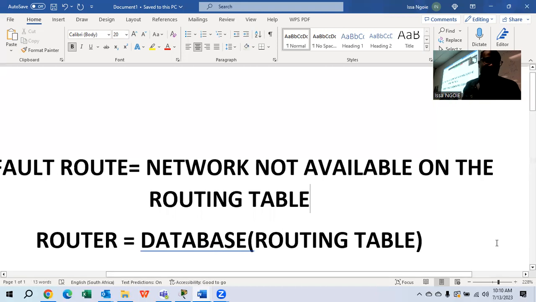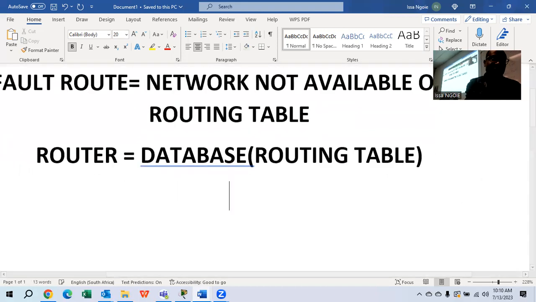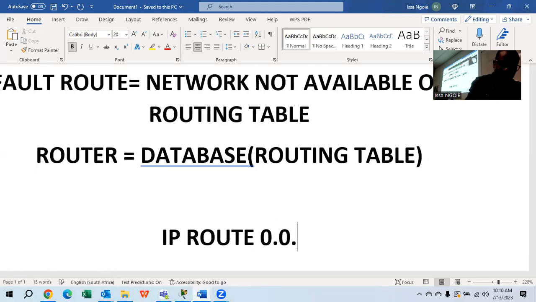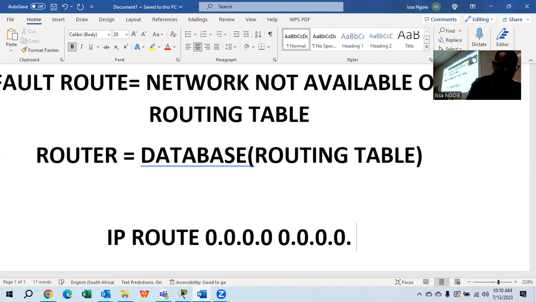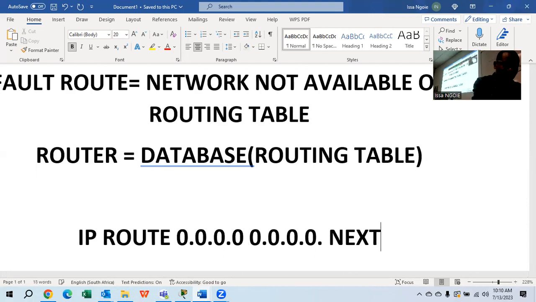Now, how to configure it? The same things as the static route, but this time around, you're gonna say what? IP route 0, right? And you're gonna put the next hop.